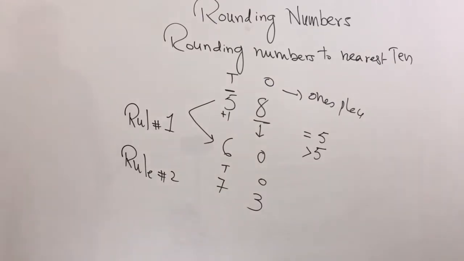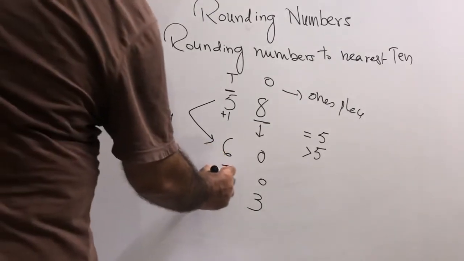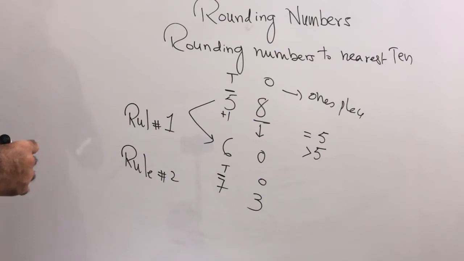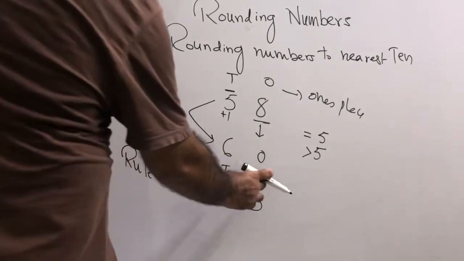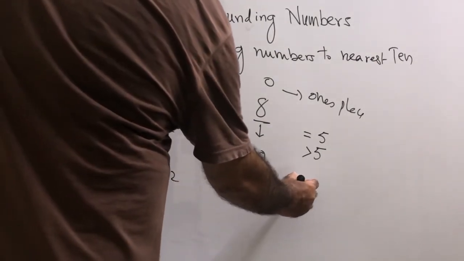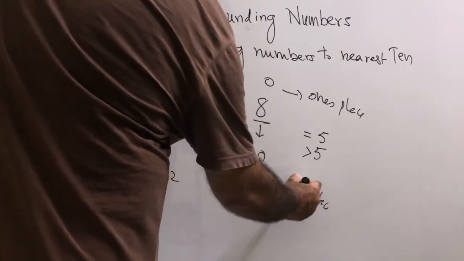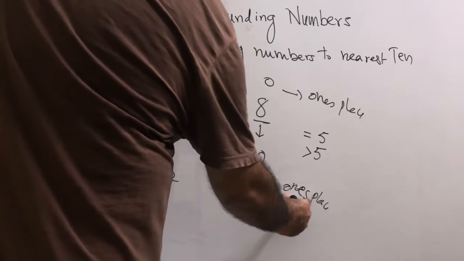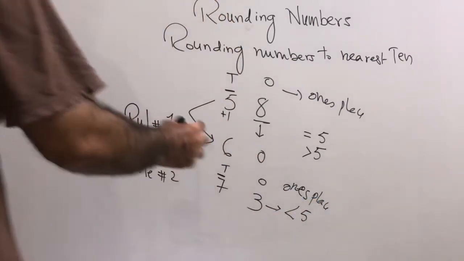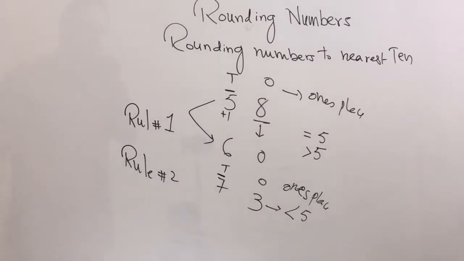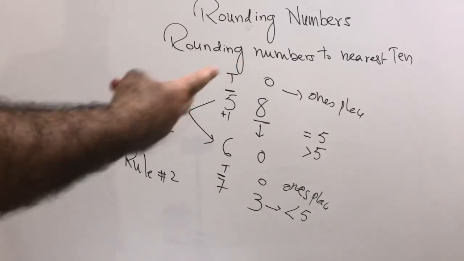Okay, rule number 2 says when you round nearest to tens, then you see the number on ones place, if that number is less than 5, smaller than 5, then again we will do two things.